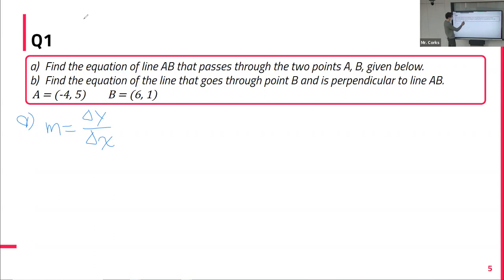B as A minus B. Okay, so this is our point 2. This is our point 1. All right, our delta y is 5 minus 1, so 4. And our delta x is 4 minus 6, negative 2. So 4 over negative 2 is 2 over 5, or negative 0.4. What's next?